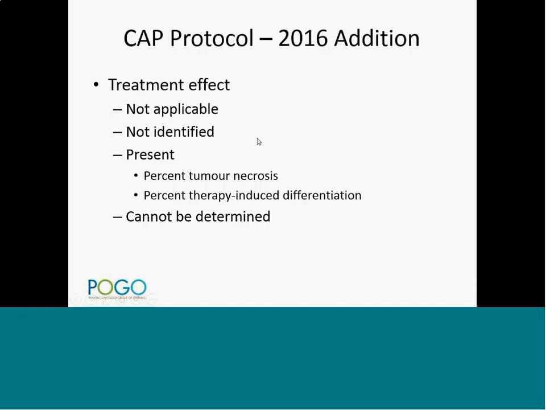Also an addition. So the two additions so far: the pre-treatment was again not fusion, and you look for that treatment effect.